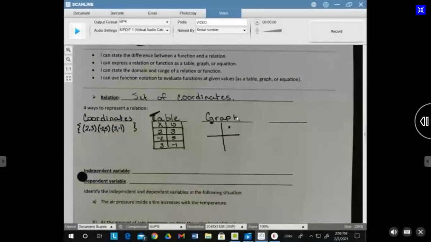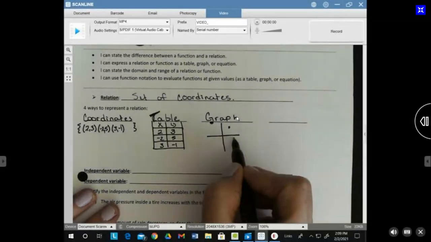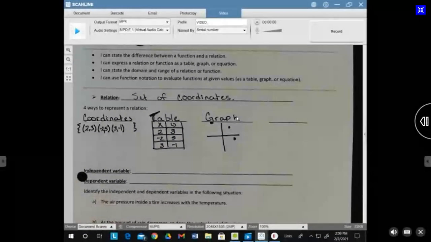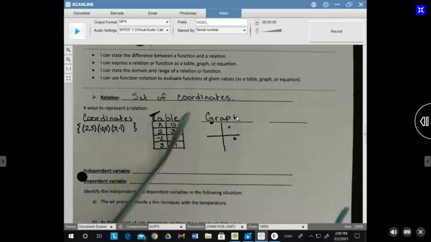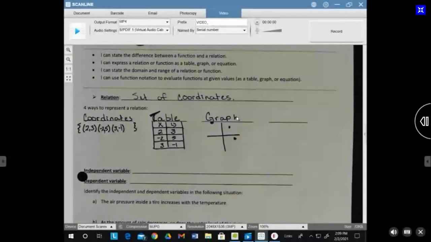Not very accurate, but something of that nature. And right 3 and down, right? A graph is a set of coordinates.